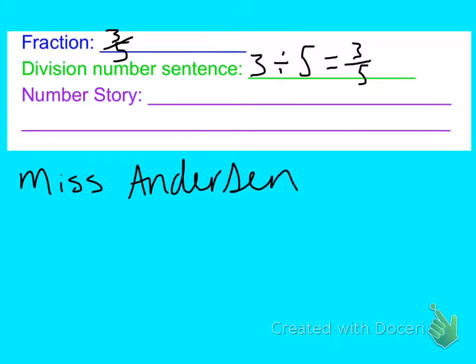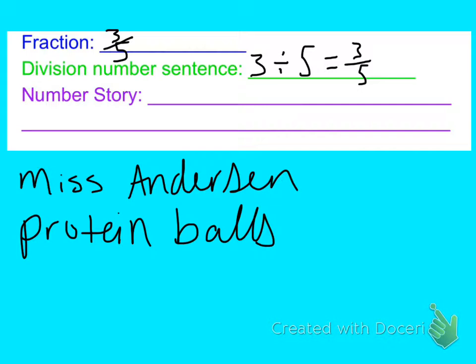Okay, and Miss Anderson, she loves protein balls. So that's what she's going to be making in my number story, is protein balls. Sorry if you can't read my writing. It's hard to write on the iPad. And the next one is to figure out how many. So how many batches is she going to make?